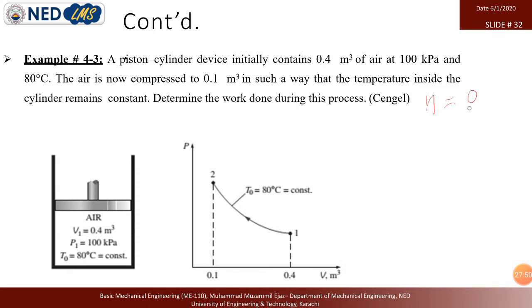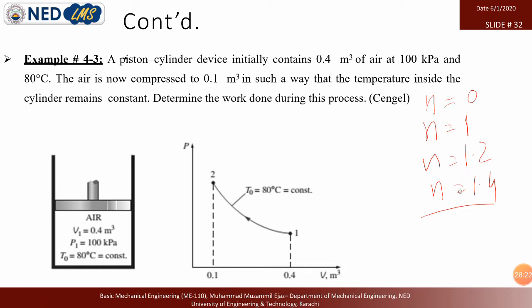Looking at this picture, you can see that it cannot be 0. n could be 1, and if it is 1, it is an isothermal process. If it is 1.2, it is a polytropic process. If it is 1.4, then it is an adiabatic process, and the value could be between 1 and 1.4, and so on.